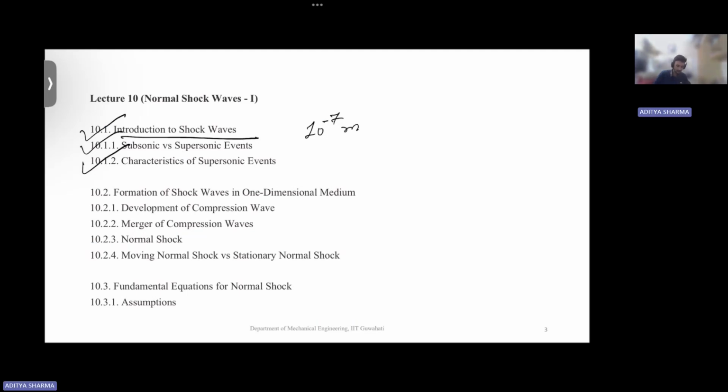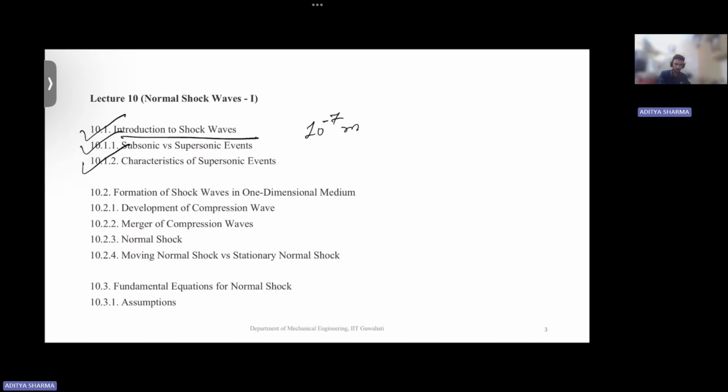Then characteristics of supersonic events. Here it has been told that the energy for the compression of the gas is taken from the kinetic energy of the upstream flow.